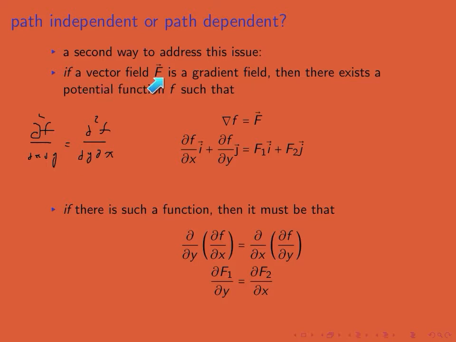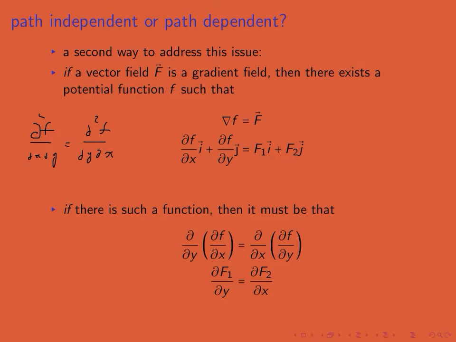So if a vector field is a gradient field, then there's some potential function little f, which means that the gradient of little f is equal to the vector field. That is, if I take the partials of little f with respect to x and y and turn them into a vector field, that should be equal to the vector field F. And so here I've written F in terms of its i and j components.